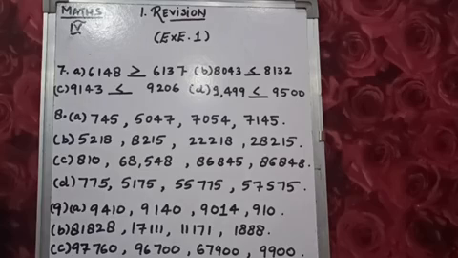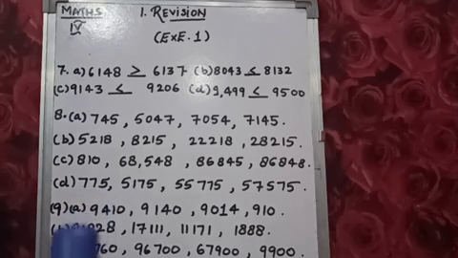Now in question number 9, it is just opposite. Rewrite the following in descending order. So we all know in descending order, from bigger to smaller. Okay, from bigger to smaller. So in question number 9A, we have to find the biggest number.